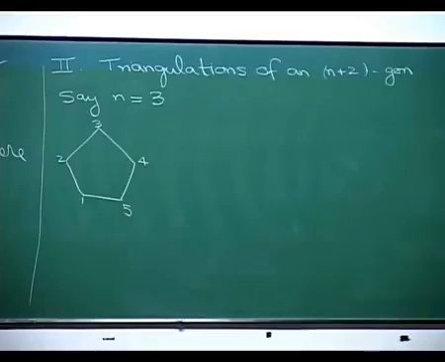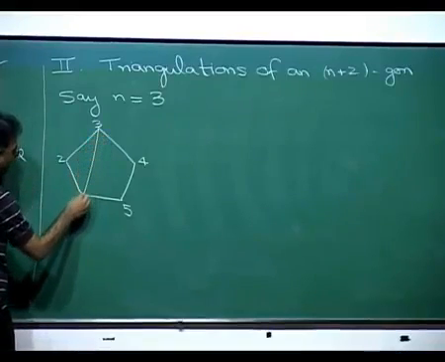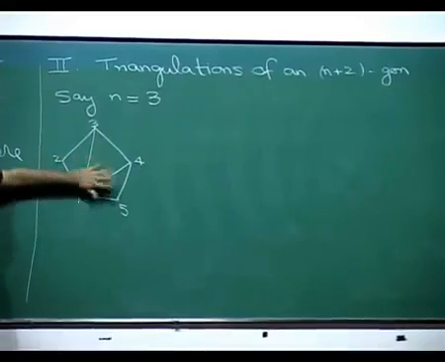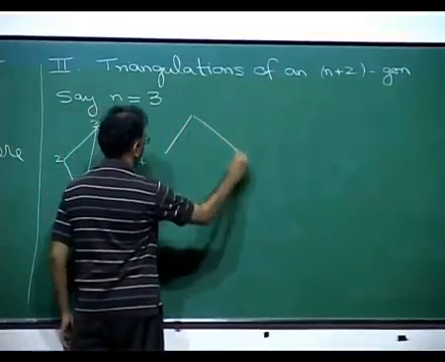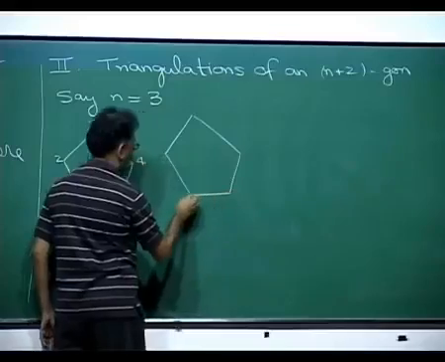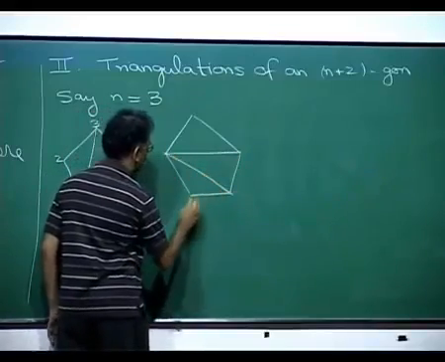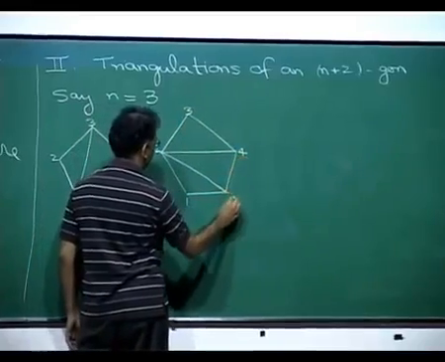So how can I divide this into triangles? One way I could do is, I could draw this diagonal and I could draw this diagonal. Now we see that the pentagon has got cut up into 3 triangles. But there are other ways of doing it. Obviously, if I have this way of doing it, I can rotate this picture and get another way, which is this one. But again, the numbering remains the same. It's only the inside that is rotated.